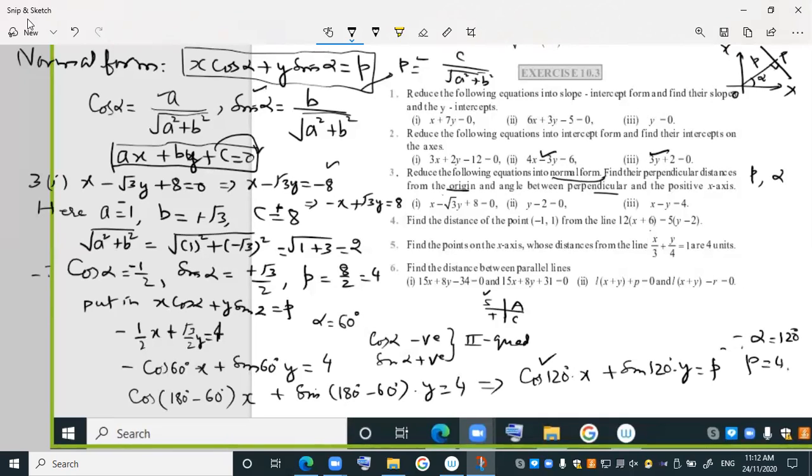This will be the correct answer. So always make p positive and c you have to take on the right hand side. This you have to remember.